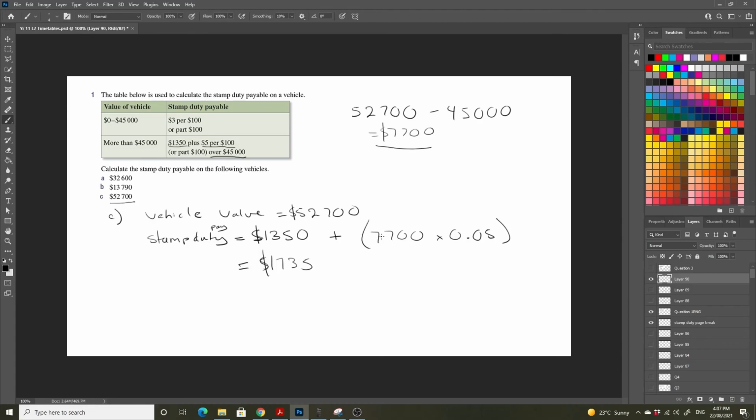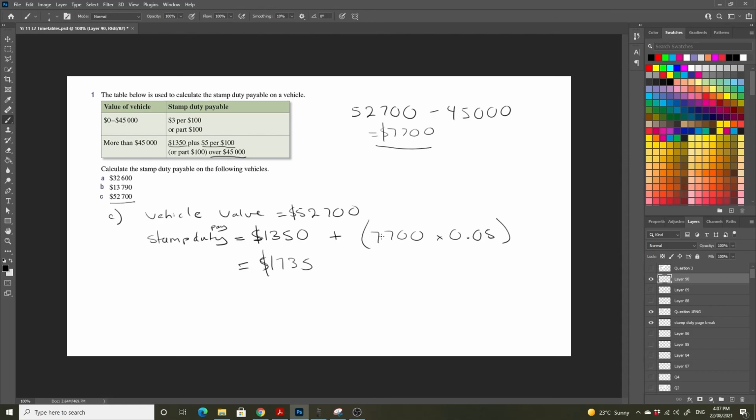It's very straightforward to go through these problems with these brackets, especially if they list them at $100, but they don't always list them at $100. Sometimes it's $300, sometimes it's $500. They can express the stamp duty as a fraction of whatever they want.